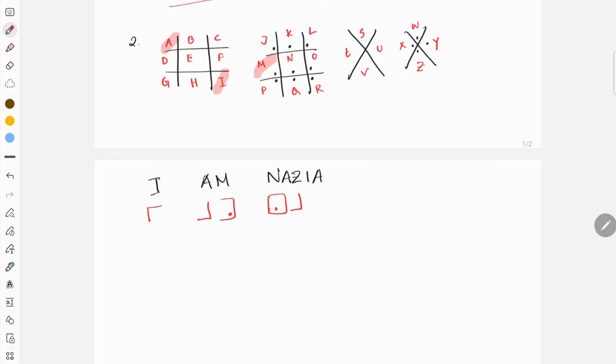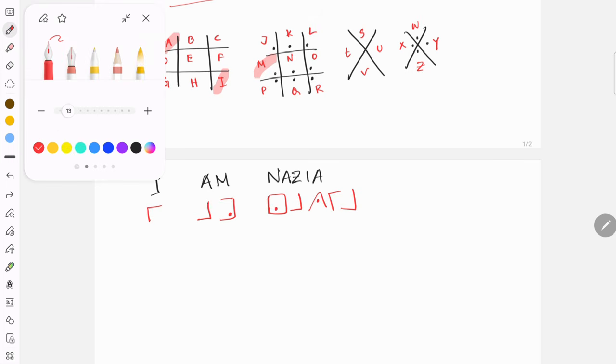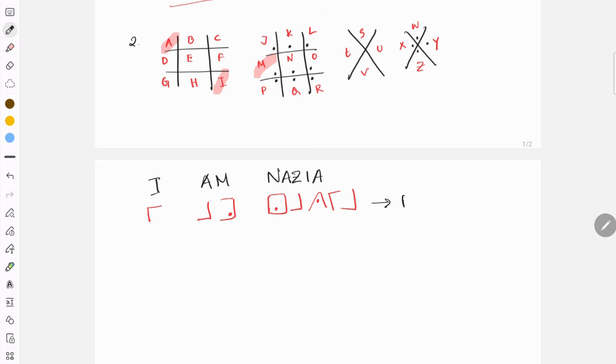Then A is this, Z is this, I is over here again, then A is again this one. So this is our Pigpen cipher. Okay, this is the Pigpen cipher we need to learn for our terminal exam.